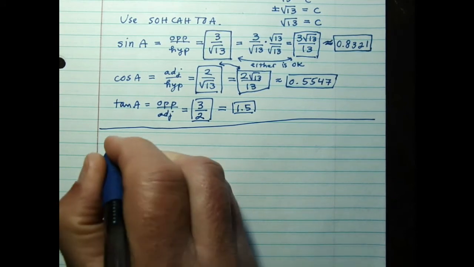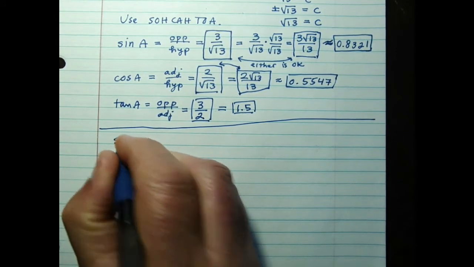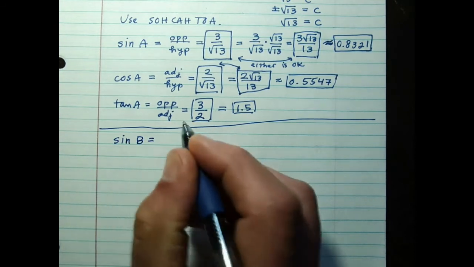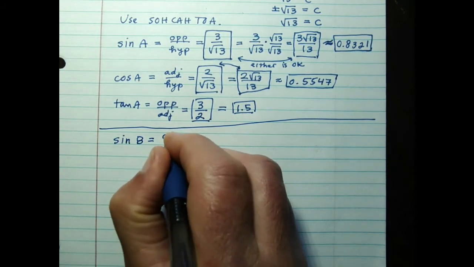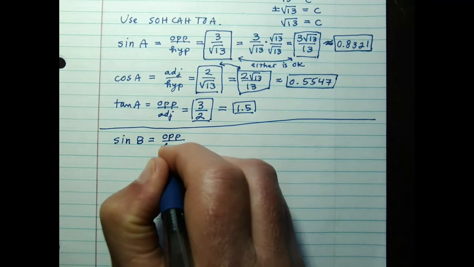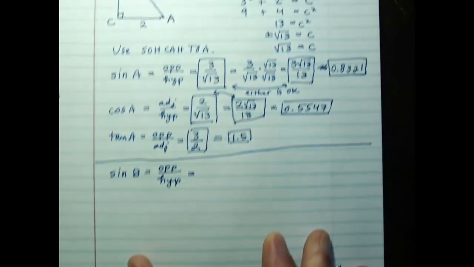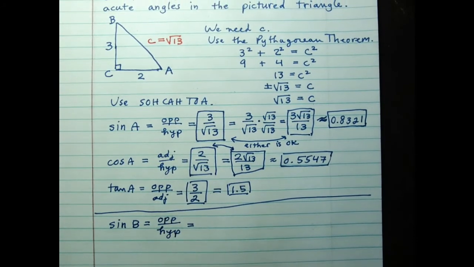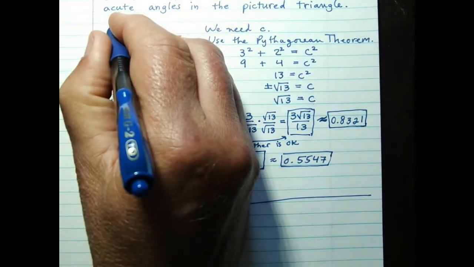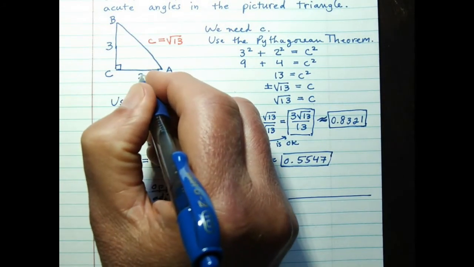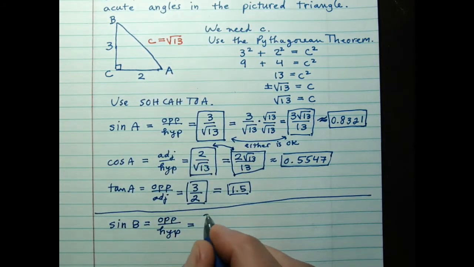Now we got to do sine of B, cosine of B, tangent of B. We still use SOHCAHTOA. Sine of B is opposite over hypotenuse. But as far as B is concerned, the side that's opposite angle B is the 2 side, right? 2 over hypotenuse is the same for everybody, square root of 13.